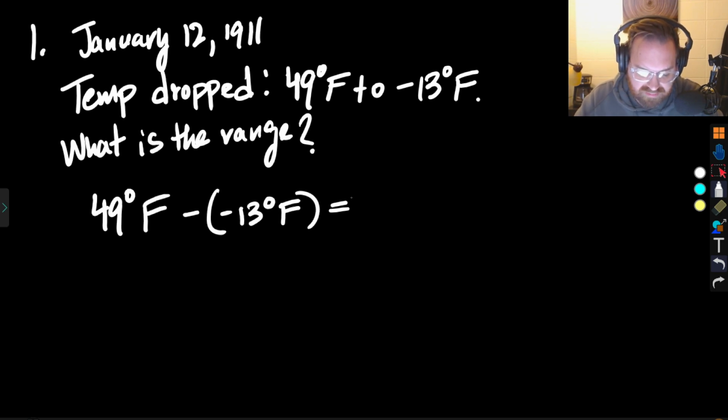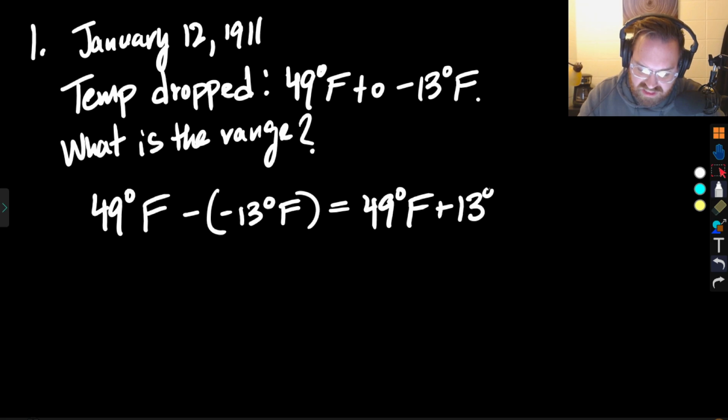So I'm subtracting a negative, which means I'm adding a positive. So this is going to be plus 13 degrees Fahrenheit. And as a result, 9 plus 3 is 12, plus 1, 62 degrees total, I believe, is the jump, or how far apart.